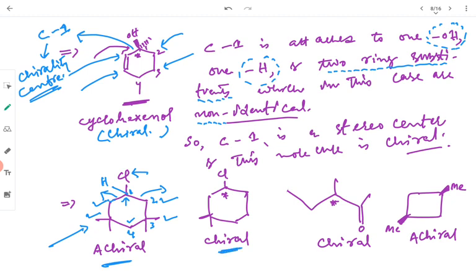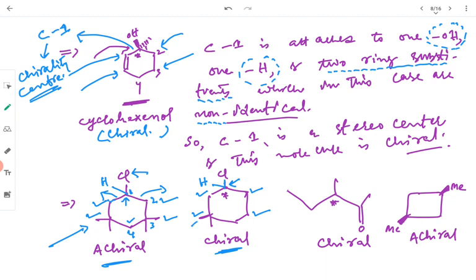Moving on to this molecule, you have this carbon number 1, it's attached to chlorine, right? It's attached to hydrogen also, and it's attached from one side to CH2. From this side you have a CH2, but from this side you have CH3, CH3.